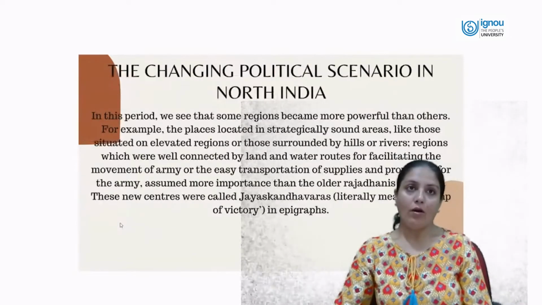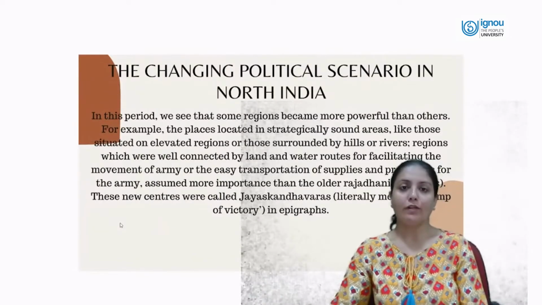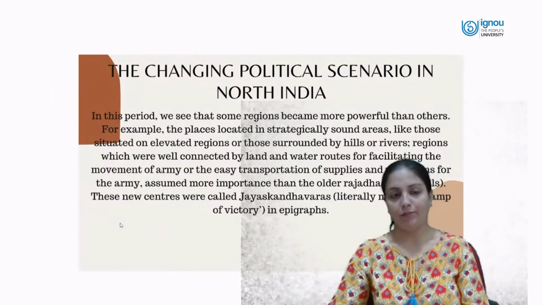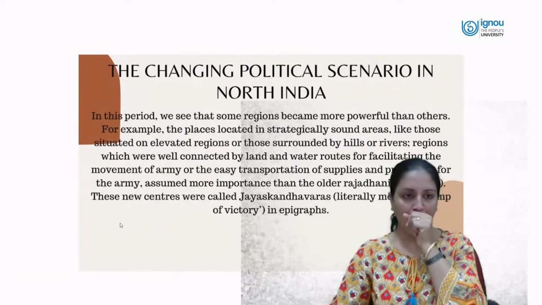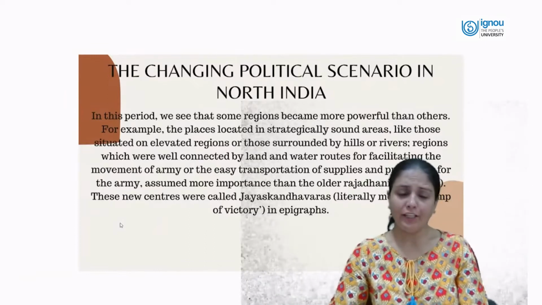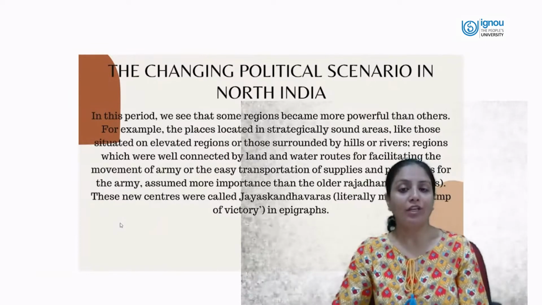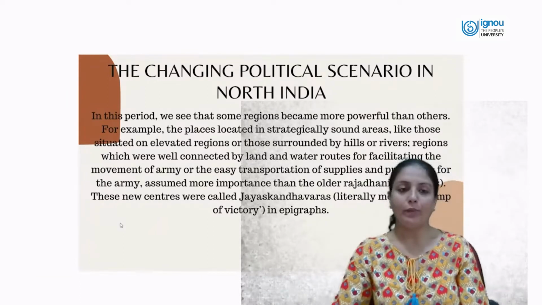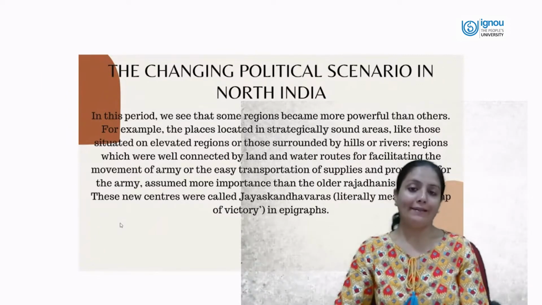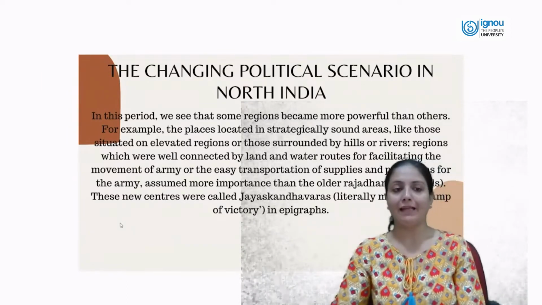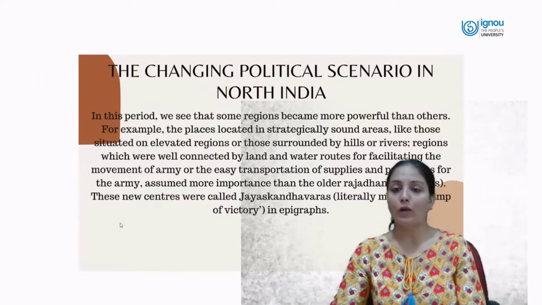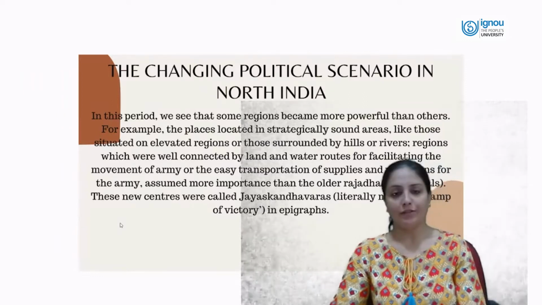Yes, now after the Guptas, what was the changing political scenario in North India? In this period, we see that some regions became more important than others. For example, places located in strategically sound areas, like those situated on elevated regions or surrounded by hills or rivers.